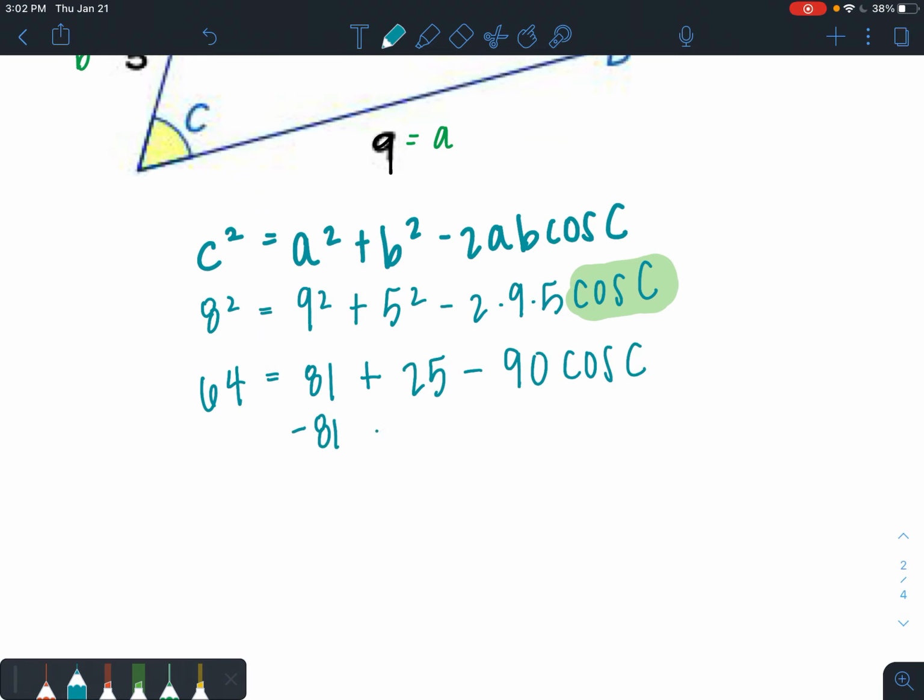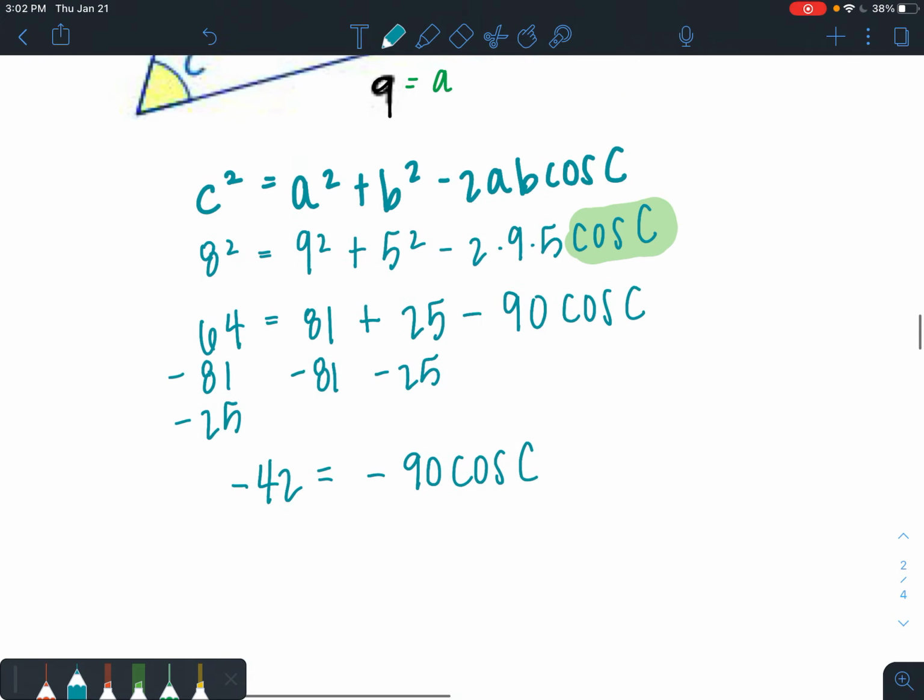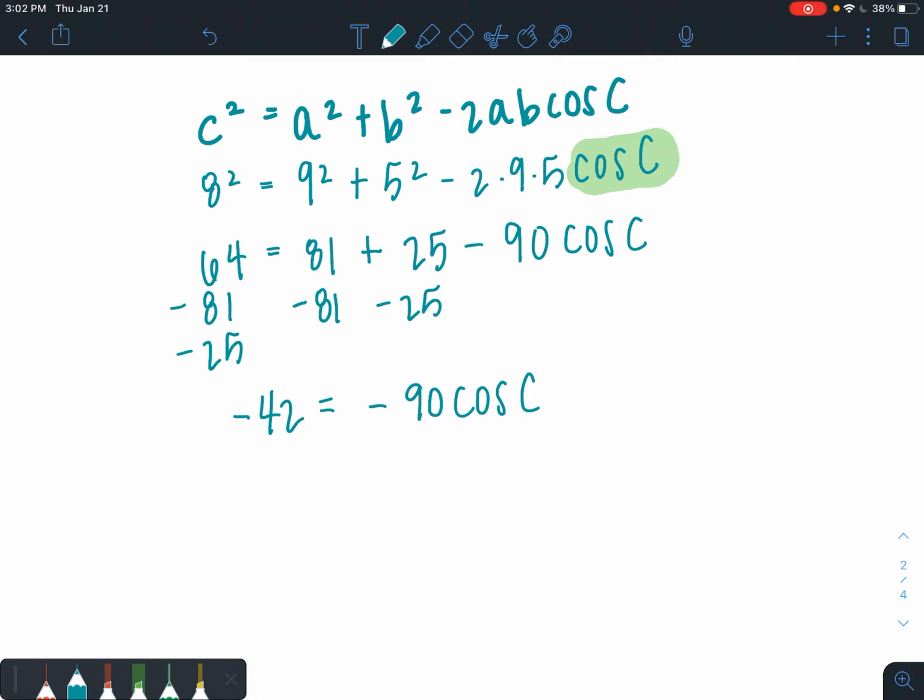So I'm just going to subtract 81 and 25 at the same time. So I get negative 42 equals negative 90 cosine of C. I'm trying to get cosine by itself so I can take its inverse. So divide by 90 on both sides. So I get 42 over 90, because two negatives make a positive, equals cosine C.